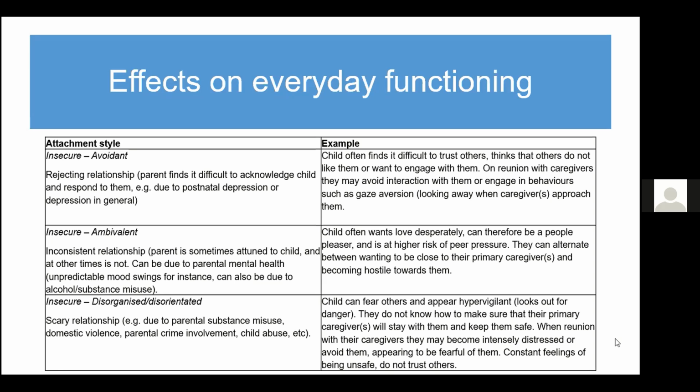They don't know how to make sure that their primary caregiver will stay with them and keep them safe, and during reunion they often become very distressed and will try to avoid their caregiver and seem to be fearful of them, and these children just constantly feel unsafe and have no trust for any others.